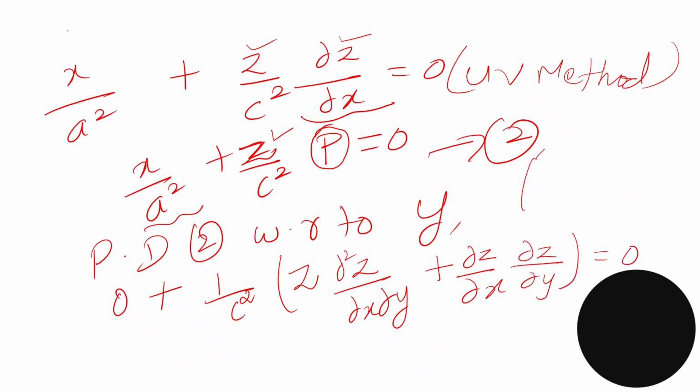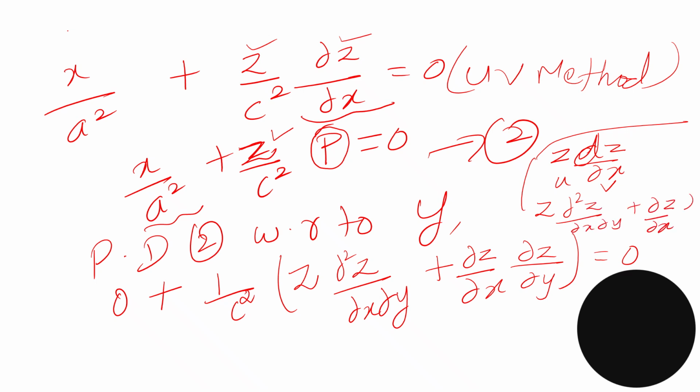So what did we do? We take ∂z/∂x and apply the uv method: u v' + v u', with respect to y everything. Check clearly: this is considered u, this is considered v. So u v' with respect to y plus v u' with respect to y.